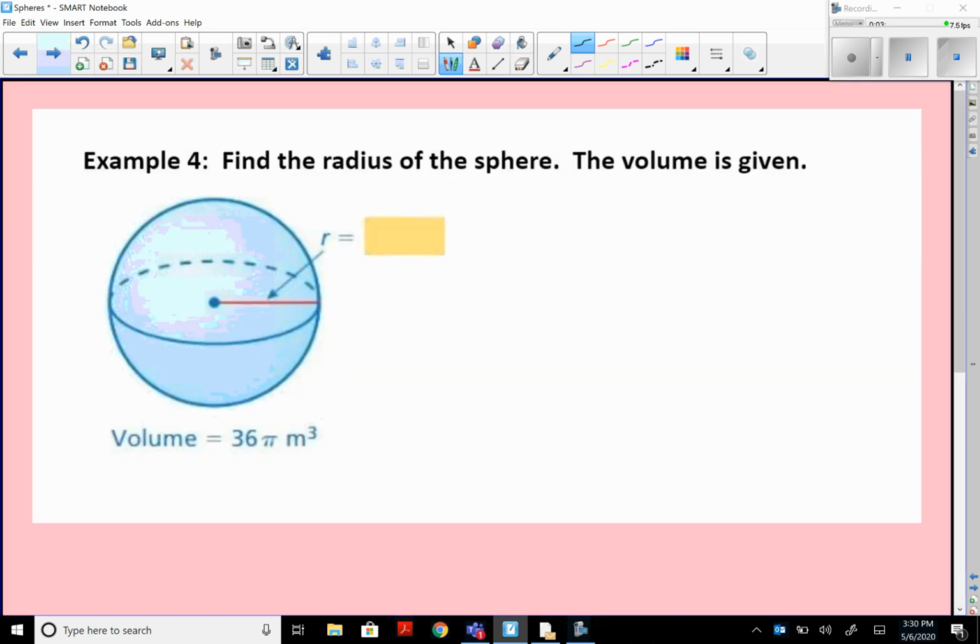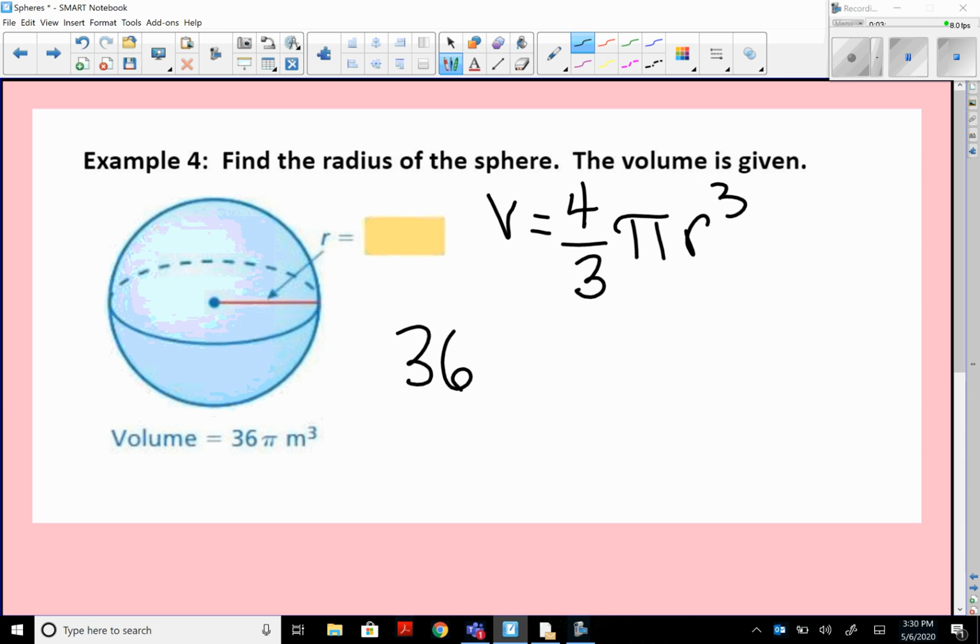On the next example, once again, we're given the volume and we have to work backwards to find the radius. So we're still going to use the same formula, but now we're going to plug in the value for V instead of the value for r. So it's 4/3 pi r to the third power. So I know that my volume is 36 pi, and so now I'm going to try to work backwards to get that r isolated.